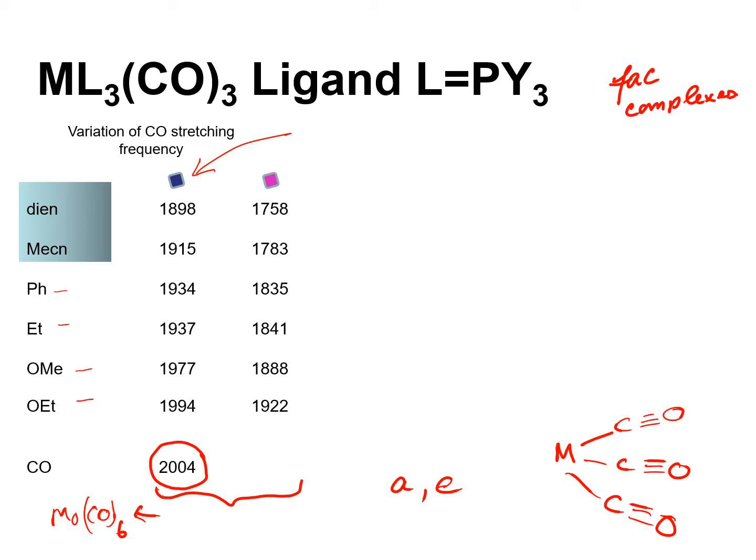When you have a phenyl group, the stretching frequency of the carbon monoxide is around 1934 centimeter minus 1.